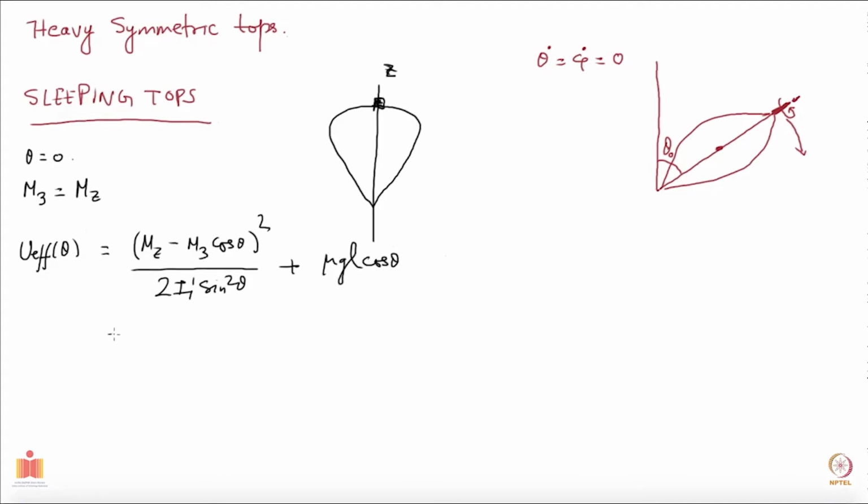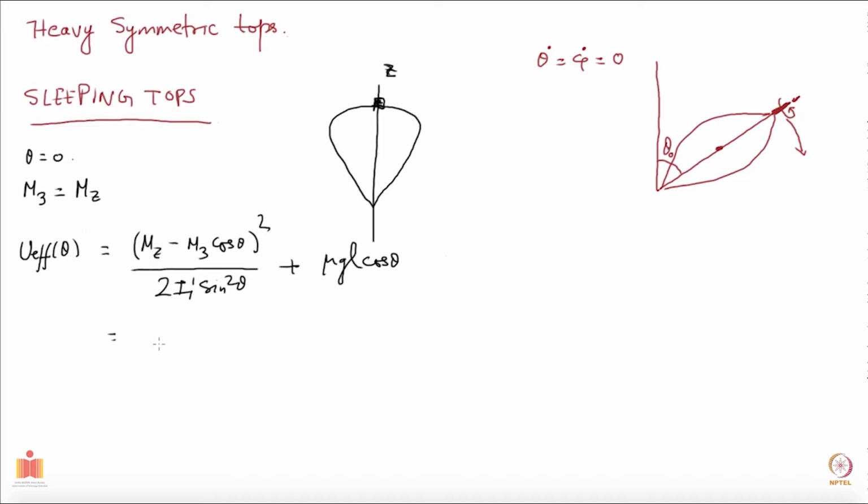As you know that mz and m3 are the same, you can pull out m3. If I pull out m3, it will become m3 squared because of the square. Sorry, M3 is just I3 omega 3.